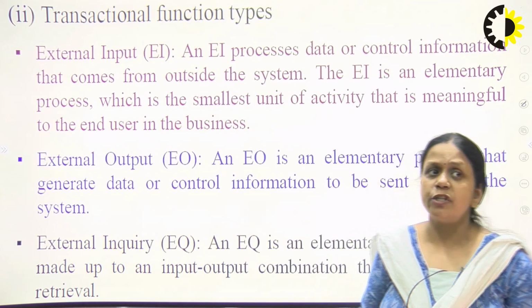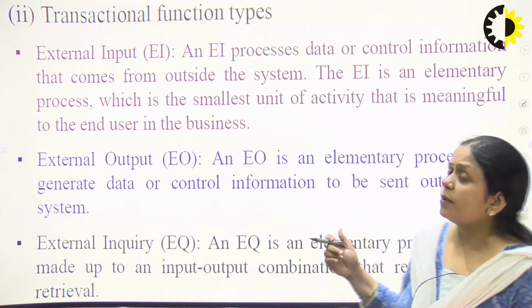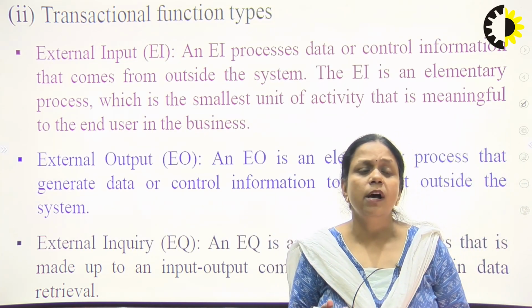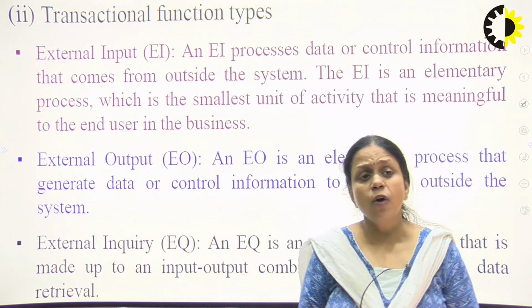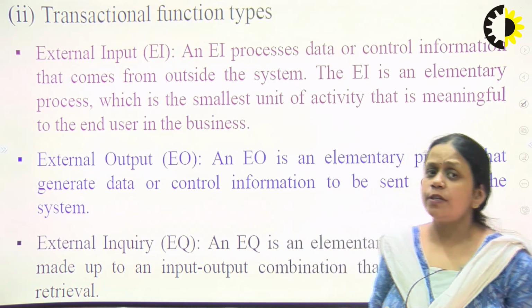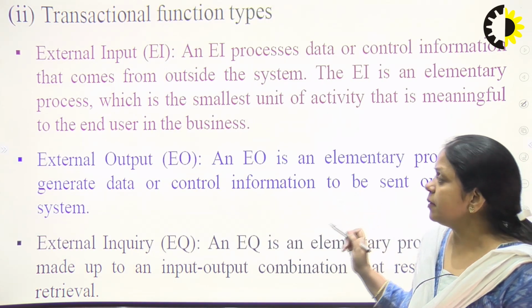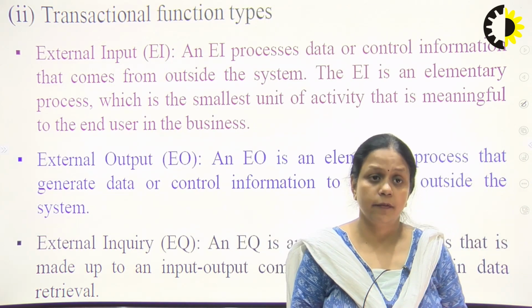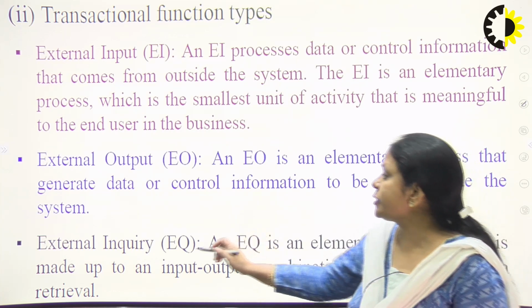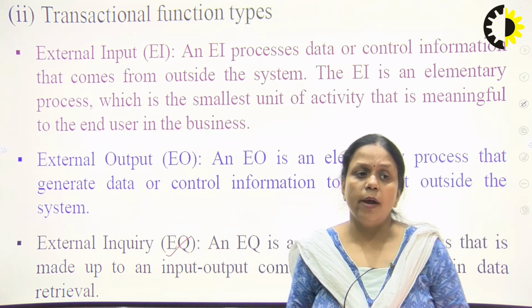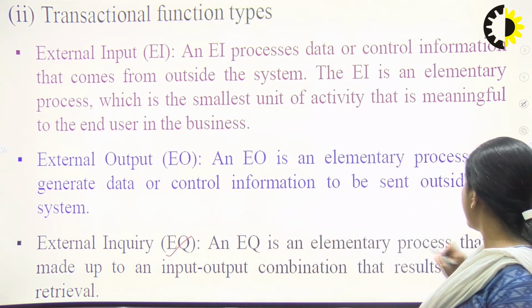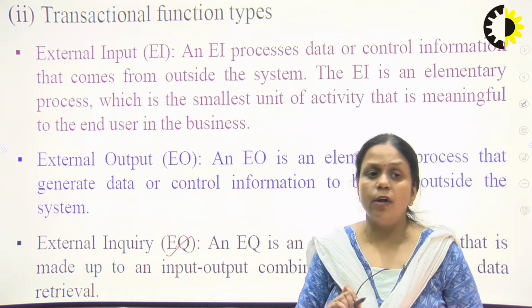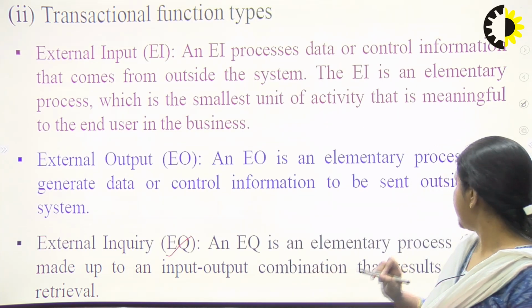And next is the external input: the number of inputs which can be provided to the system from the outside world. External outputs are those outputs which are calculated by the system and given to the user. We have already discussed it. And the external inquiries: an EQ is an elementary process made up of an input-output combination that results in a data retrieval.